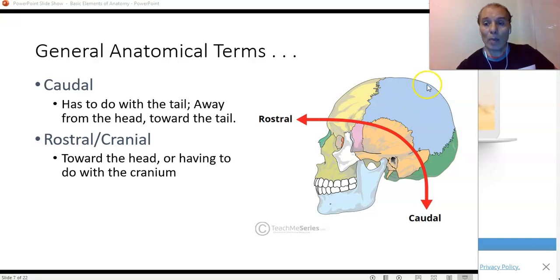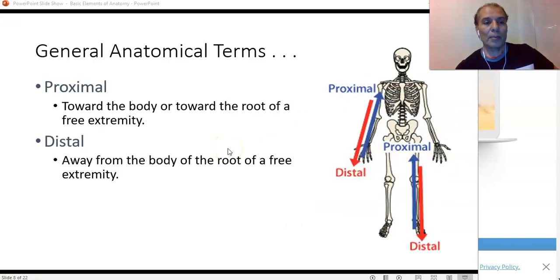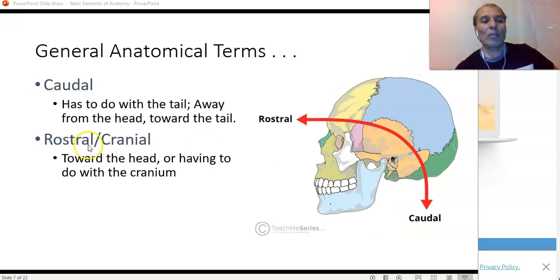And the top of it is the dorsal. The bottom of it, if you take the jaw out and the rest of the structures out and look at the bottom of it, that is called ventral or inferior in that case. Sometimes rostral, another word for it is cranial.